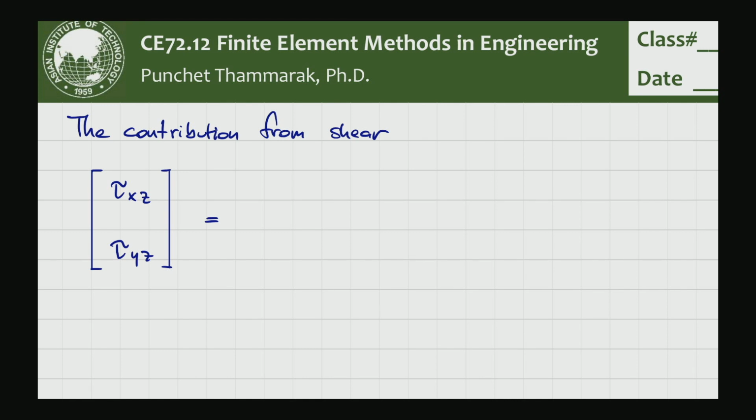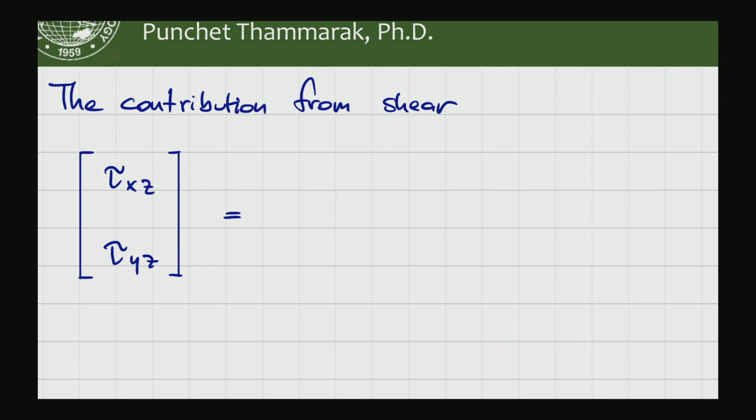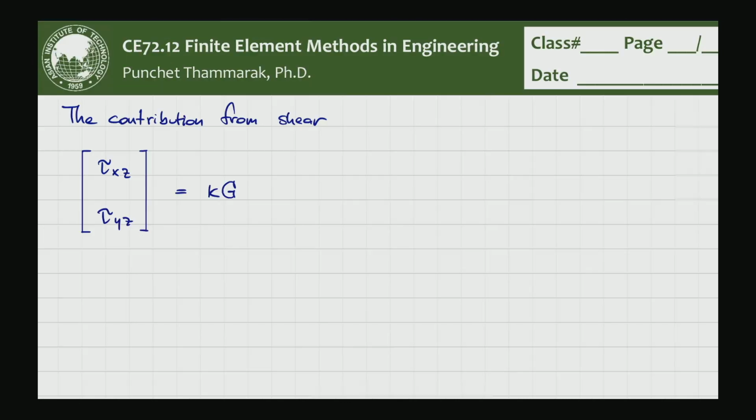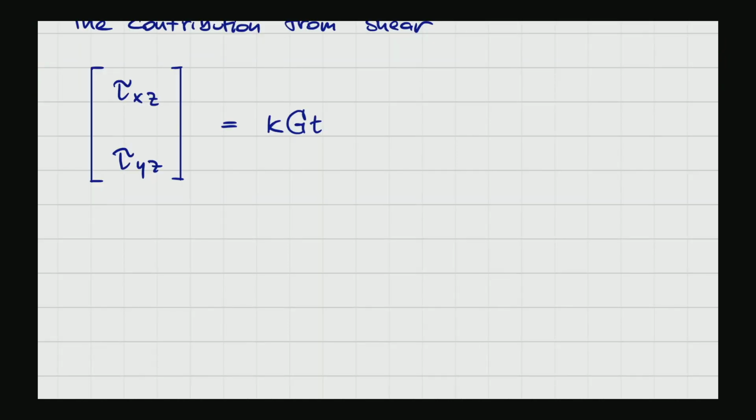That thing is in your strength of materials course long time ago. So shear correction factor times the G and times the thickness. This is the rigidity.